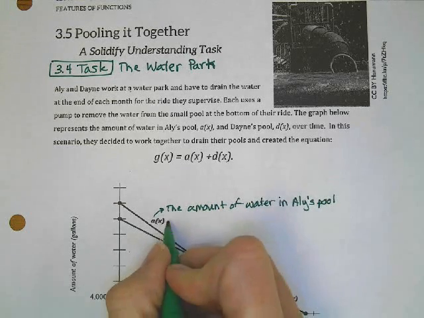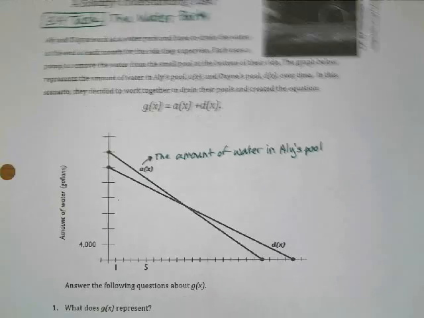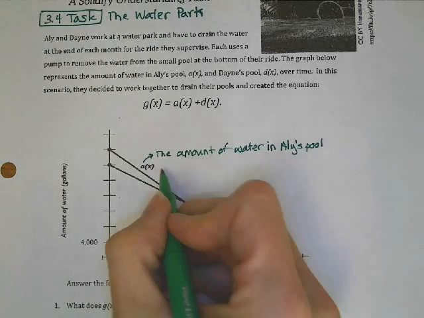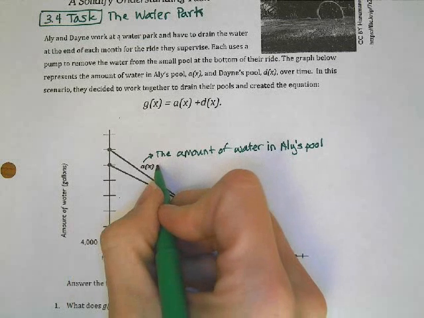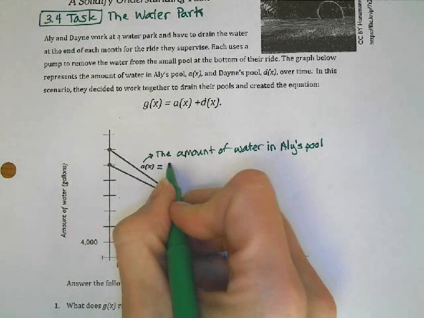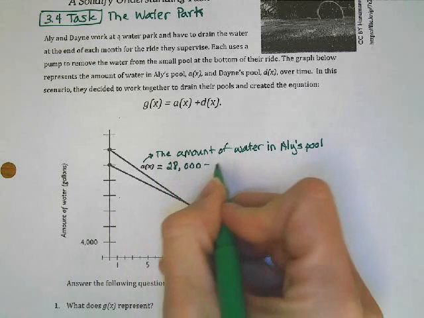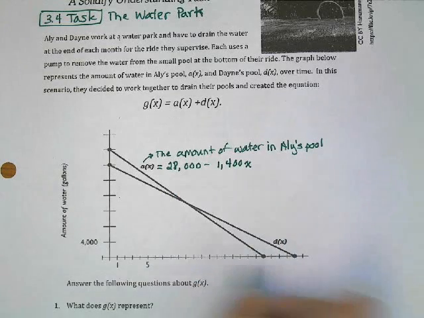Okay? And through that task, based on the fact that you guys figured out that she started with 28,000 gallons and then it was draining at a rate of 1,400 gallons per minute, you guys came up with the equation 28,000 minus 1,400x, where x represents our time in minutes.